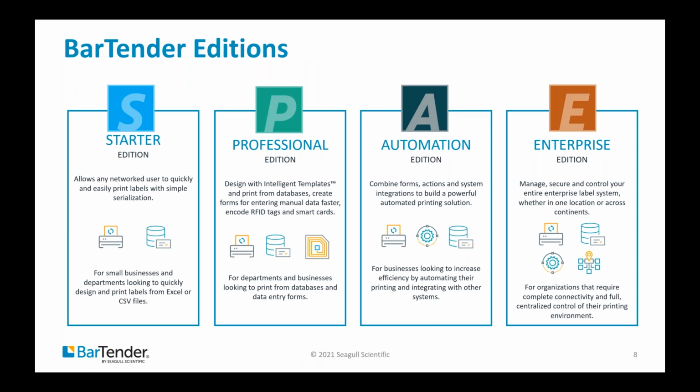So briefly about BarTender, you're going to hear us talk a little bit about the editions. Now, with BarTender, you can start with the simplest edition we call Starter and work your way up. It's the same software and it just grows with you. So if you are a small one-person operation, maybe you start with Starter or Professional, which is what we're going to be looking at today.